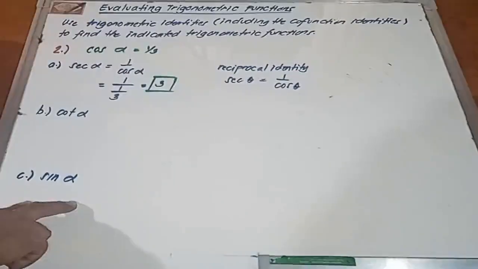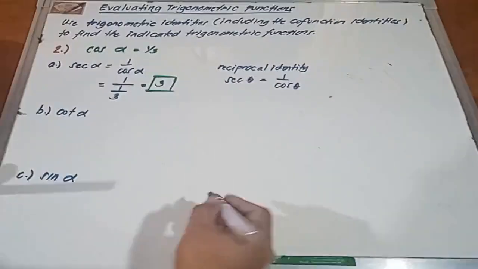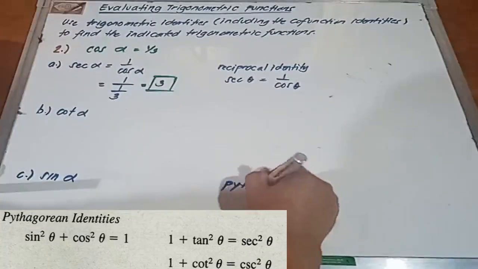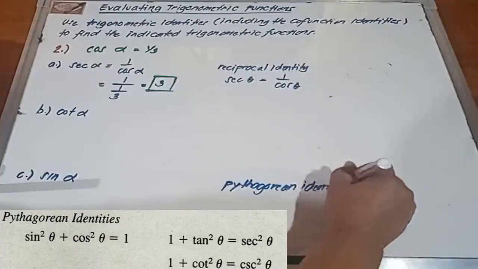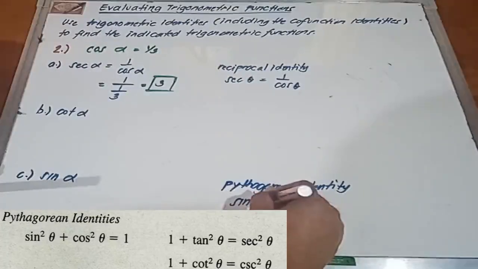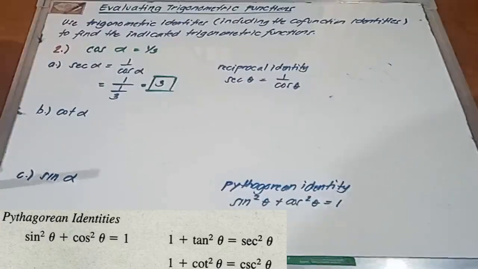For cotangent, ito muna kunin natin. For sine alpha, what we're going to do is a Pythagorean identity. So, dito muna tayo kay sine alpha. We have sine squared theta plus cosine squared theta is equal to 1. So, alpha ang angle natin dito.